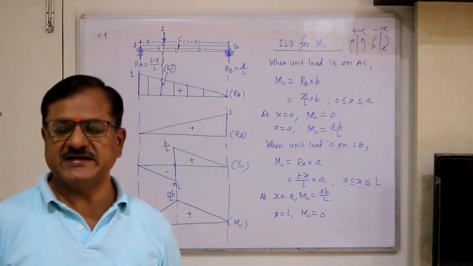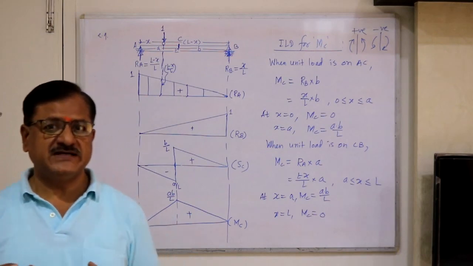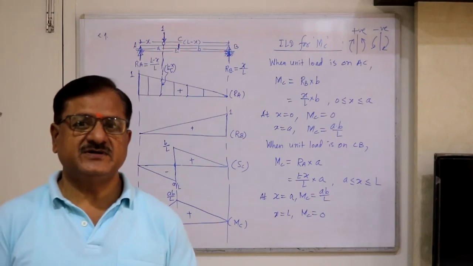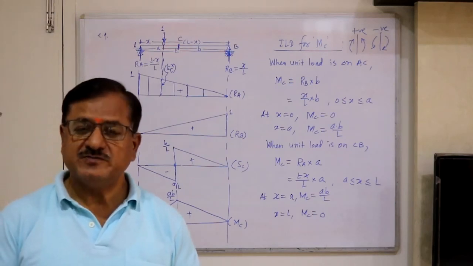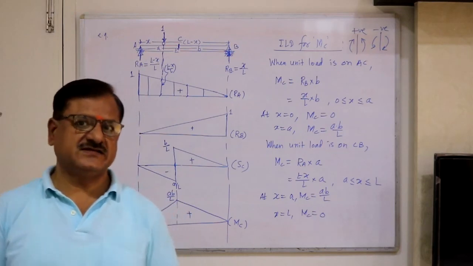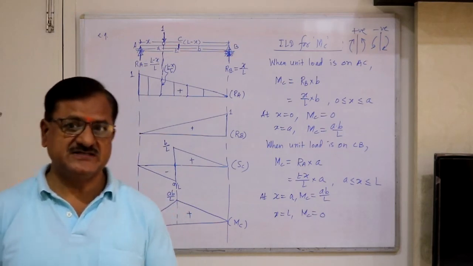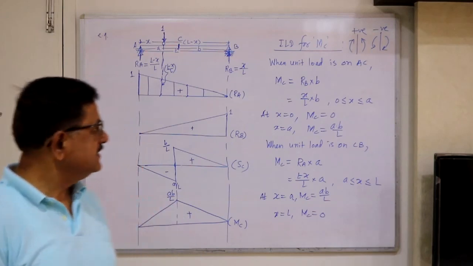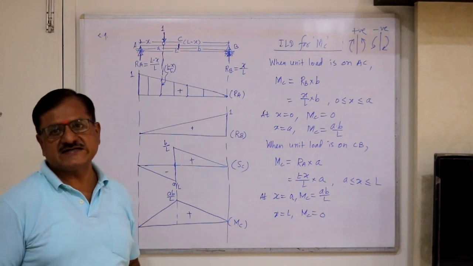That is also determinate. Once you understand properly the ILDs for the simply supported beam and cantilever beam, then ILDs for a compound beam can be constructed very, very easily. And thereafter we will see the Muller-Breslau principle. And once you understand the Muller-Breslau principle, then such calculations are not required.